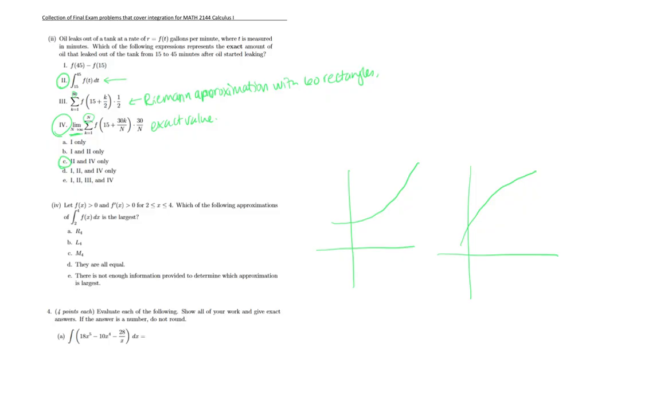Okay, then it says, which of the following approximations is the largest? So, I'm doing from 2 to 4. And if I look at these Riemann sums, I can break this into 4 pieces. I can see that a right-hand sum would be the biggest one for this one.